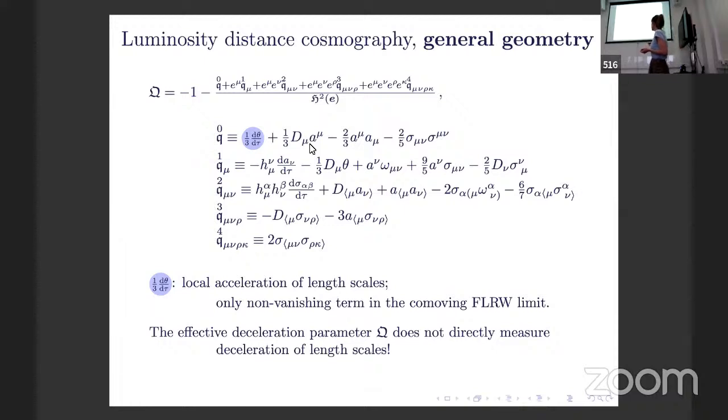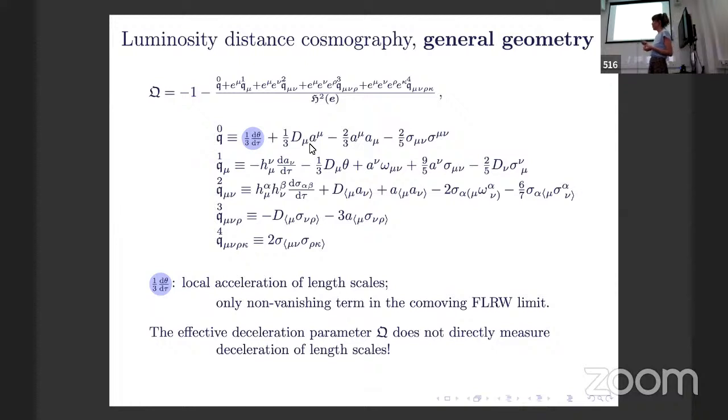And because of this hierarchy of correction terms, we see that the effective deceleration parameter as it enters in the luminosity distance cosmography is in fact not directly telling us about the deceleration of length scales between test particles in our space-time. And this has important implications for observations.